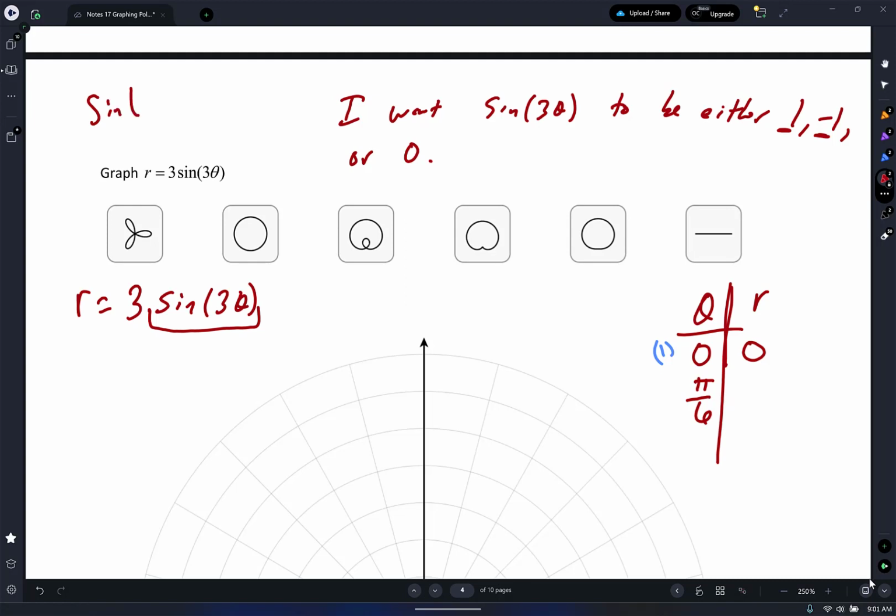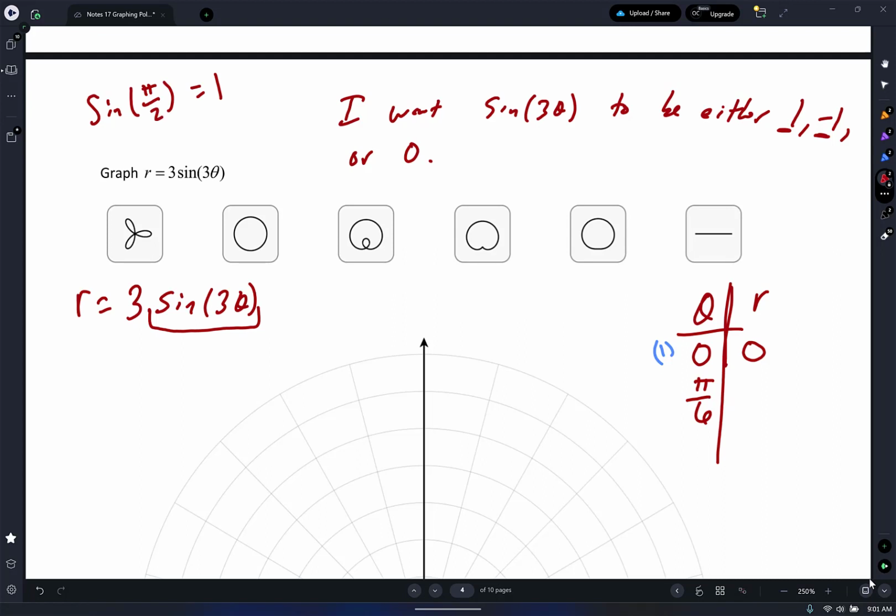Sine of what angle gives me 1? What's the angle that will give me 1 for sine in radians? Not pi, not 2 pi. Those are zeros for sine. Pi over 2. I need the inside to be a pi over 2, guys.